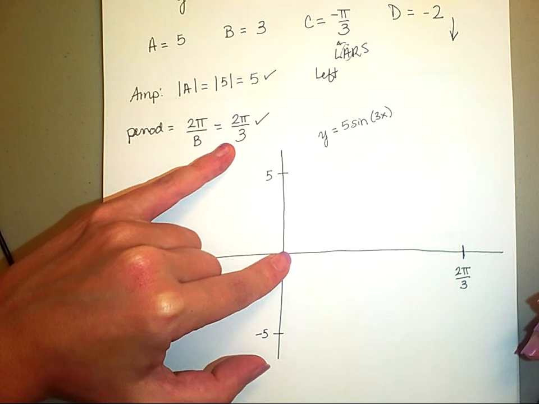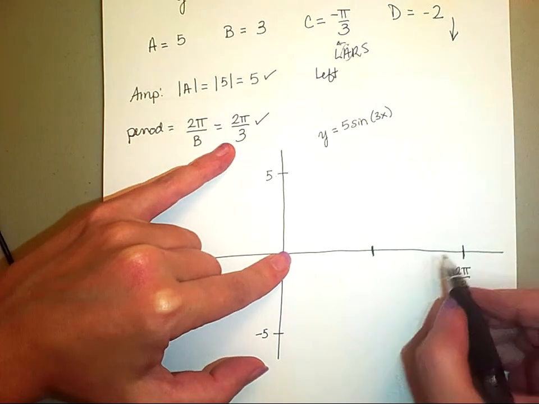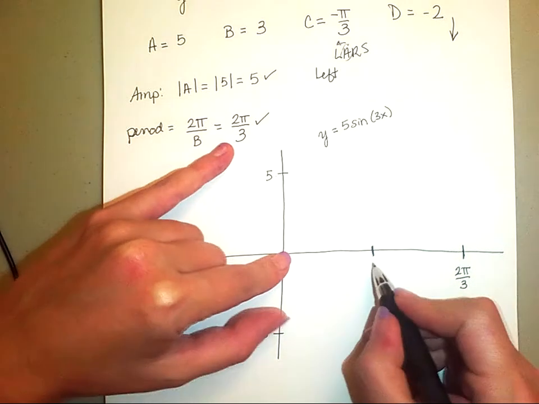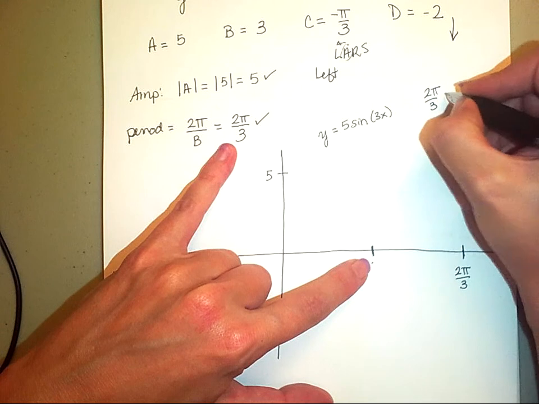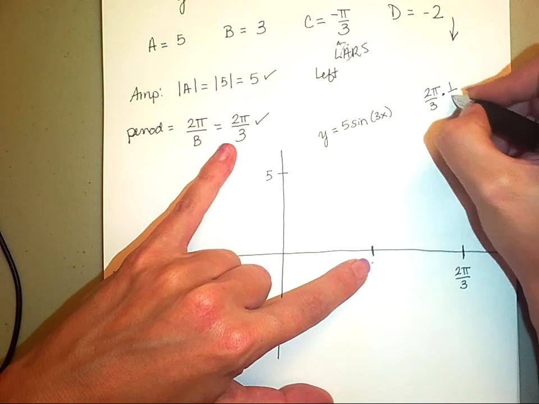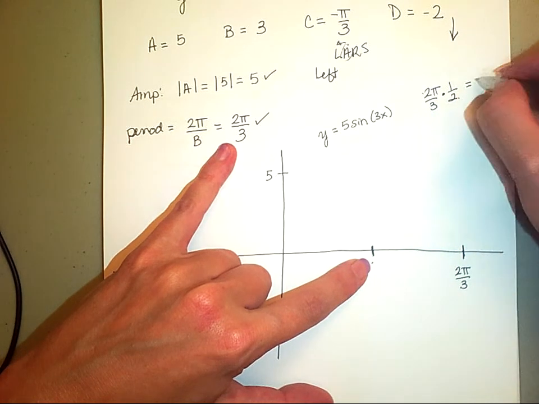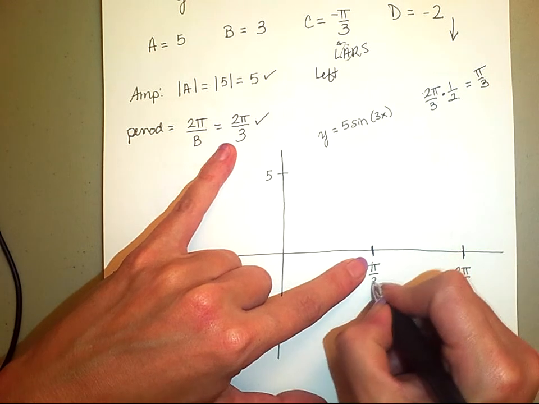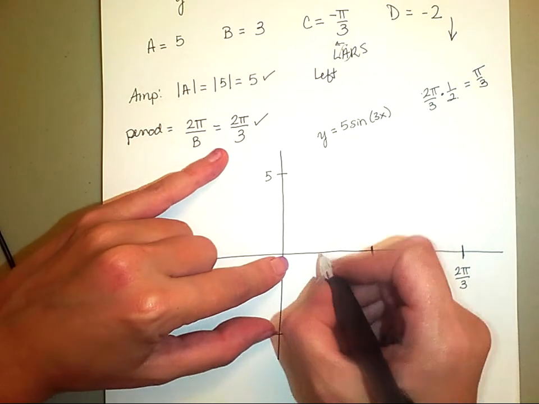Now, we still need that middle part, because we're still going to go half, half, and count it out. So what is this? Well, I just come up here and do a little scratch work. I want to know what is 1/2 of 2 pi over 3. Well, that's just 1 pi over 3. Now I want to know half of that again.